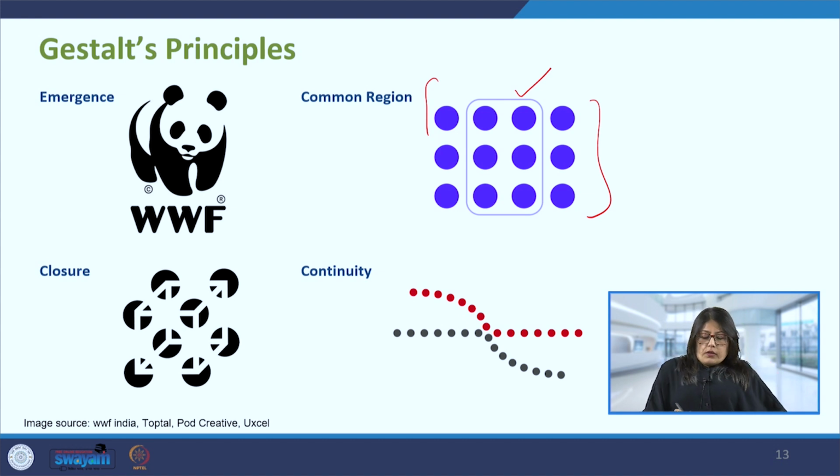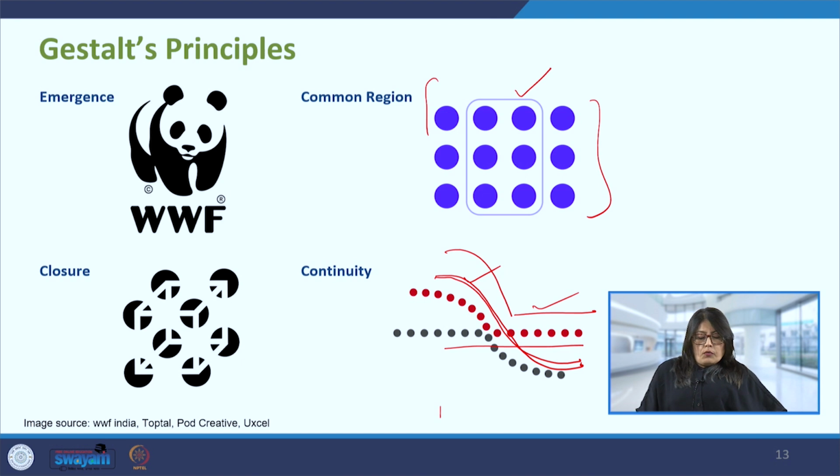The next principle is continuity, or the principle of continuation. So here there are these 2 lines, and what is interesting is that although these dots and these dots are the same color, still when the eye is looking at these particular lines, we continue to see this. Rather than break the view like that, the eye continues along this line and continues along this horizontal line.